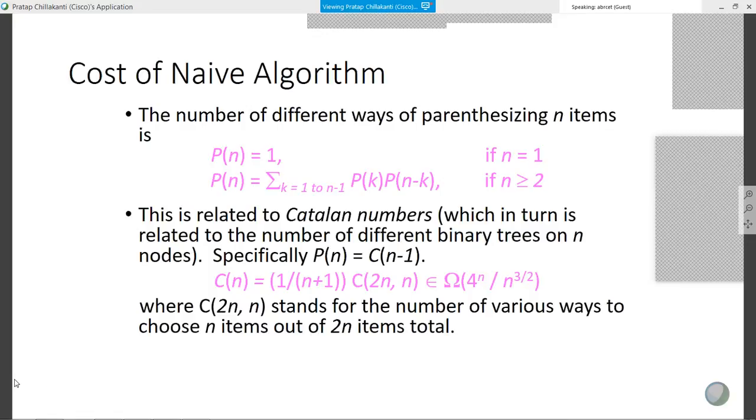When you have a binary tree of n nodes, how many binary trees can you create on n nodes? Remember this fact. Somebody wrote a nice research paper and arrived at this number.